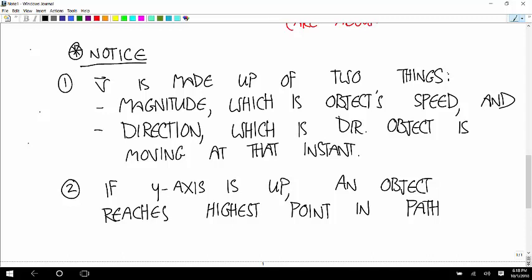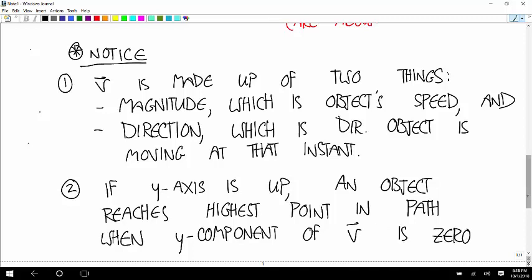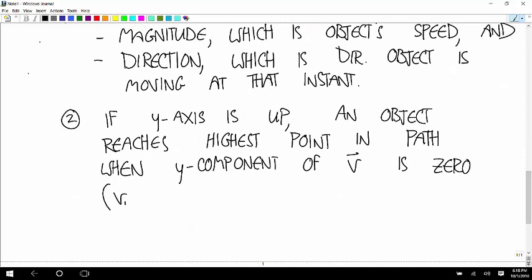The x component won't be 0 in general, but the y component will be. When the y component of the velocity is 0, you could also write that as v sub y is equal to 0. Okay, so we're going to use that a lot.